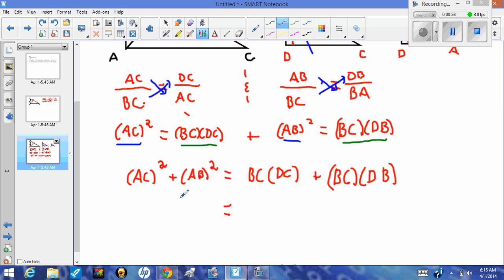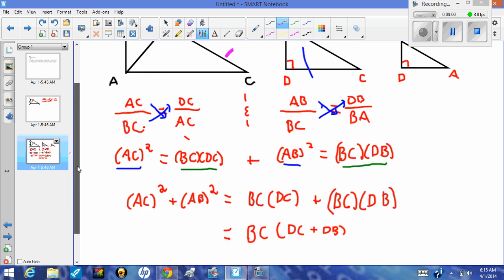So while the left side is going to remain the same, I'm going to factor out a common term, or common side in this case, which is BC, which leaves me with BC on the left side and DC plus DB on the right side.